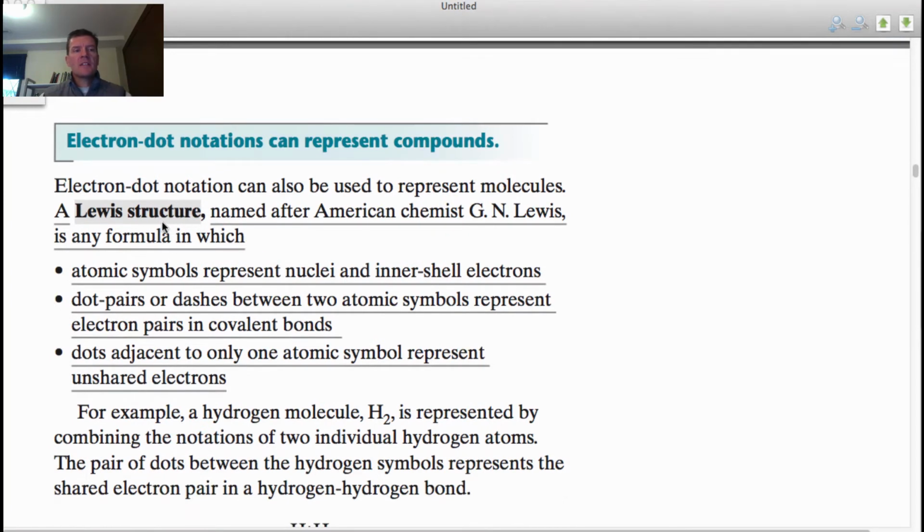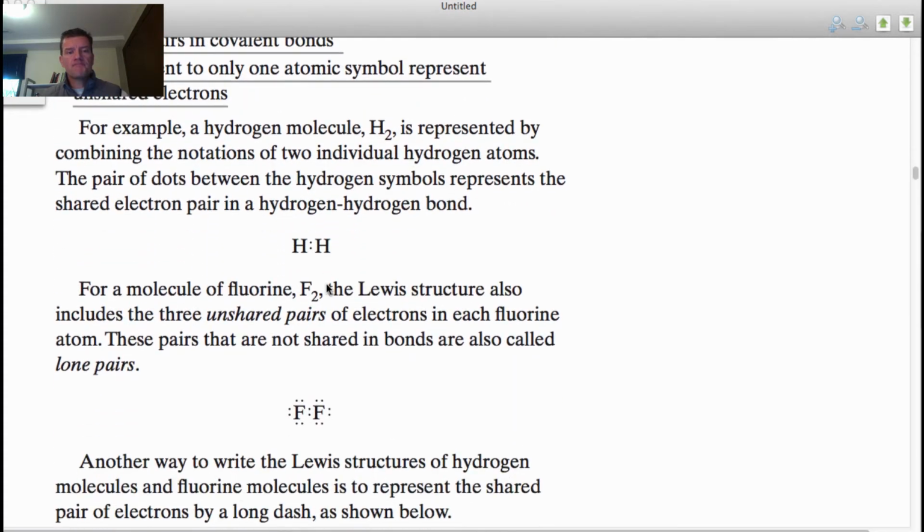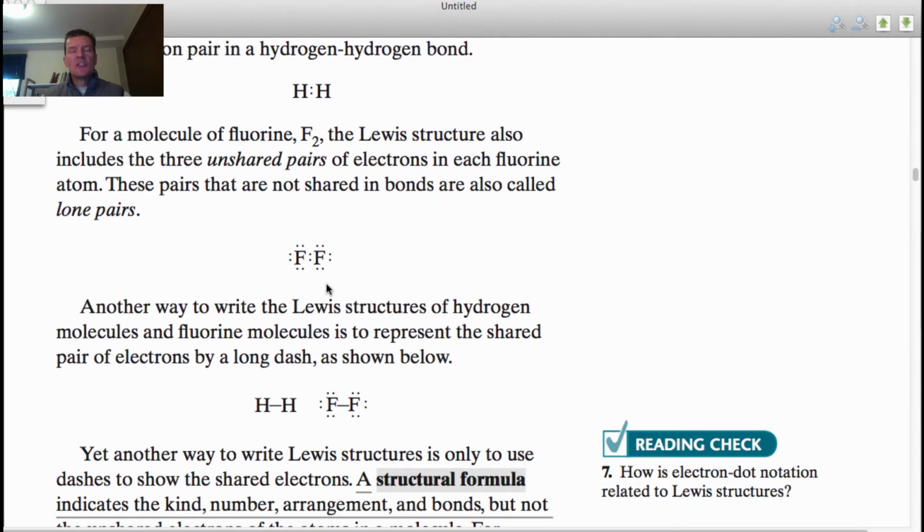When I refer to the electron dot notation, it may also be called the Lewis dot diagram, because it's named after a scientist whose name is Lewis. A Lewis dot diagram or electron dot diagram basically represents the number of valence electrons around an atom of a particular element. We can use that to show how compounds come together and share those electrons.